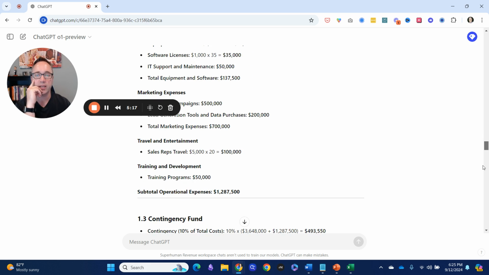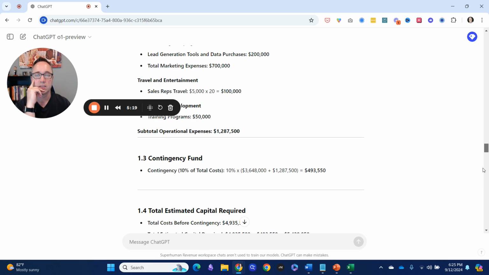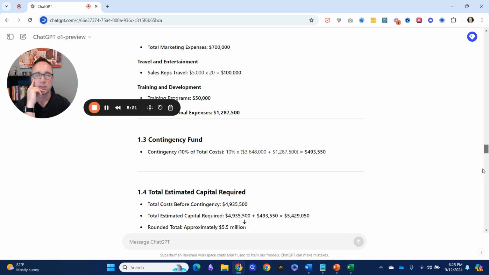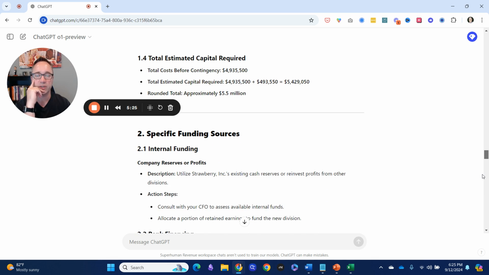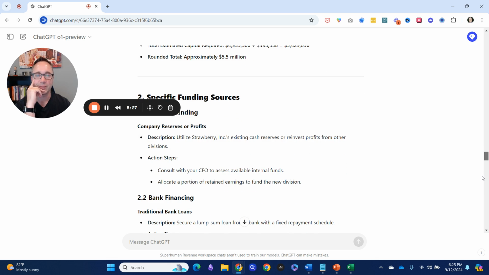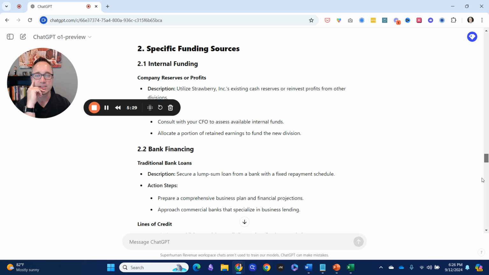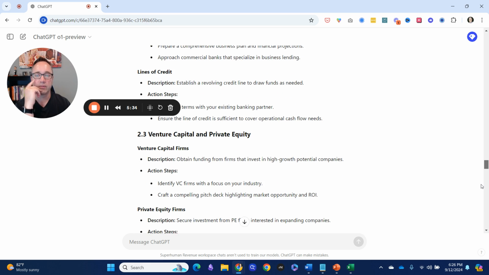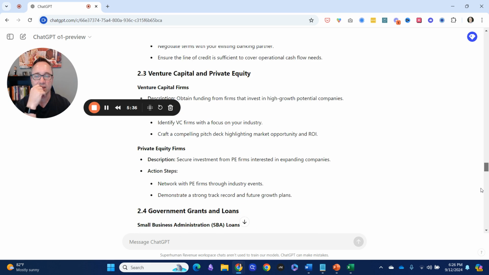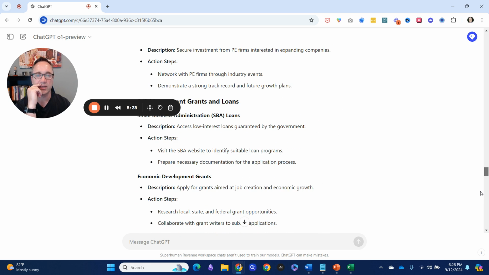It's even got marketing campaign, travel in there. Wow, that's pretty good. Contingency, capital required, specific funding sources, Strawberry's existing cash reserves, CFO, bank financing, line of credit, VC or PE. Wow, this is pretty good.